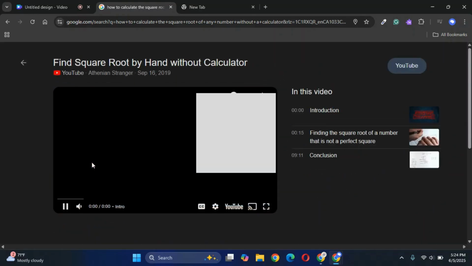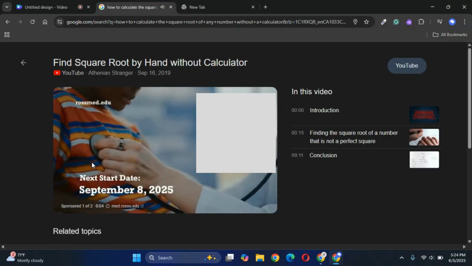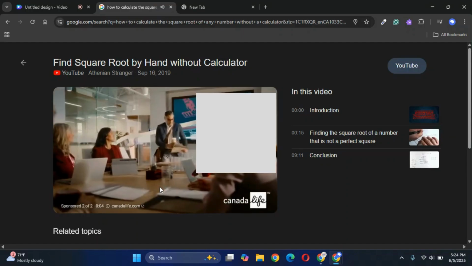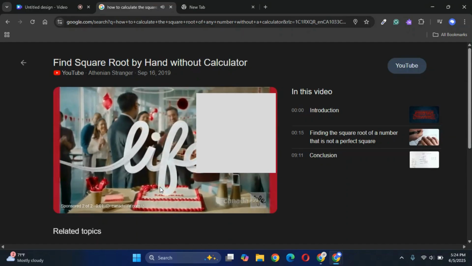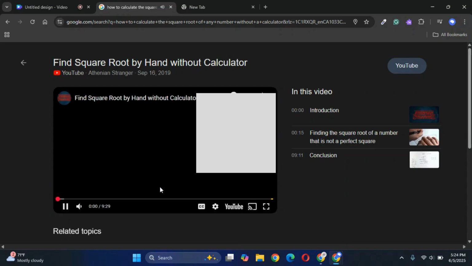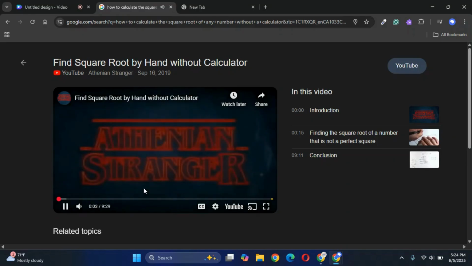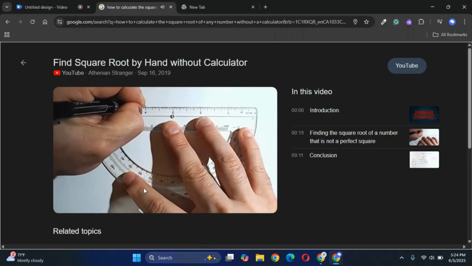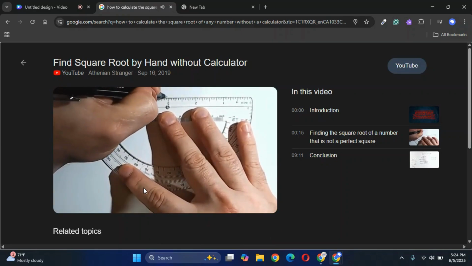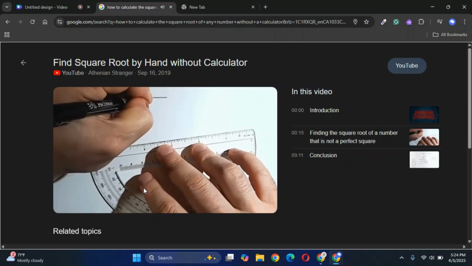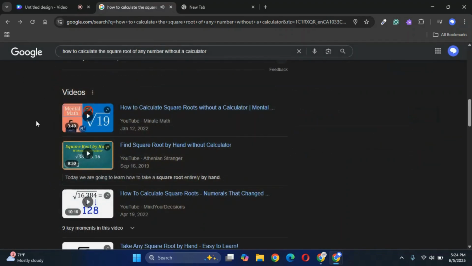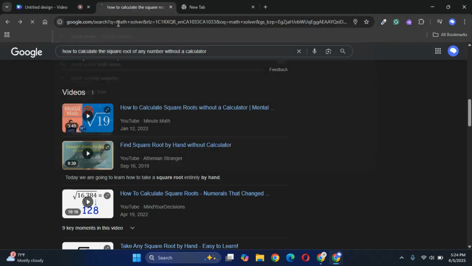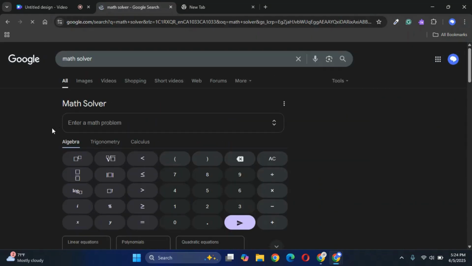I need exact. I don't have any paper. What? Much better.